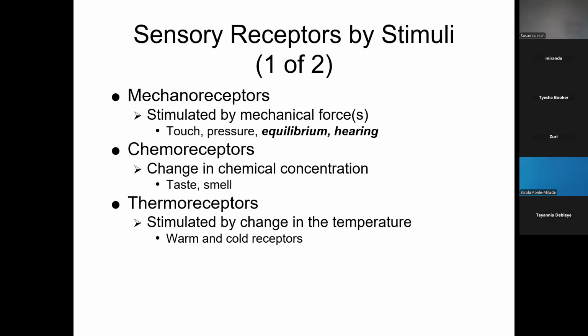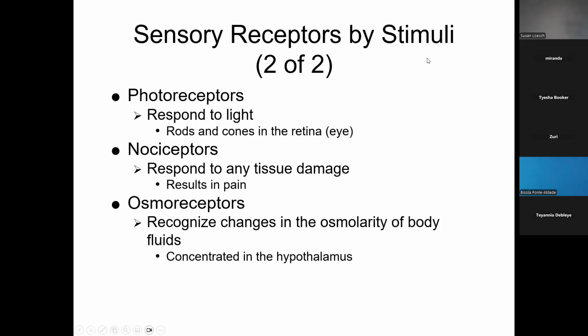And thermoreceptors are stimulated by change in temperature, warm and cold receptors. You have photoreceptors, which respond to light. And then nociceptors, which we talked about in chapter 4. Remember, those respond to tissue damage or pain.